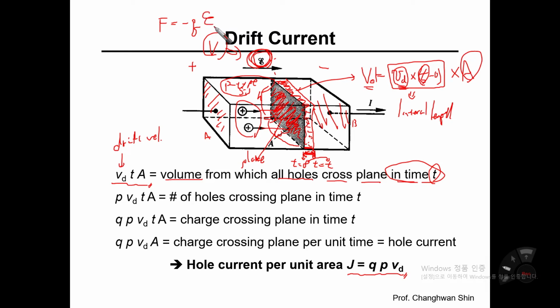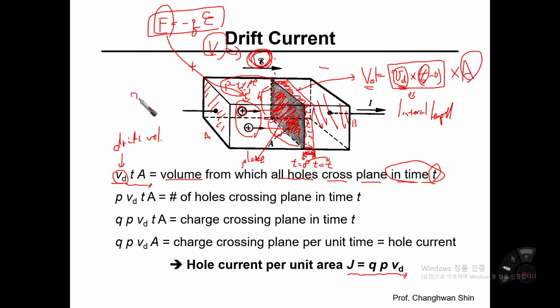This force causes acceleration of these holes, and they have their own drift velocity. So this is drift velocity times t times A. Of course, the velocity of each hole would be very different from the others.